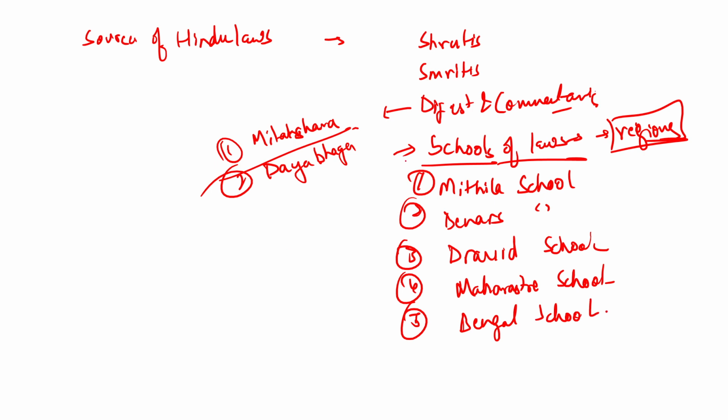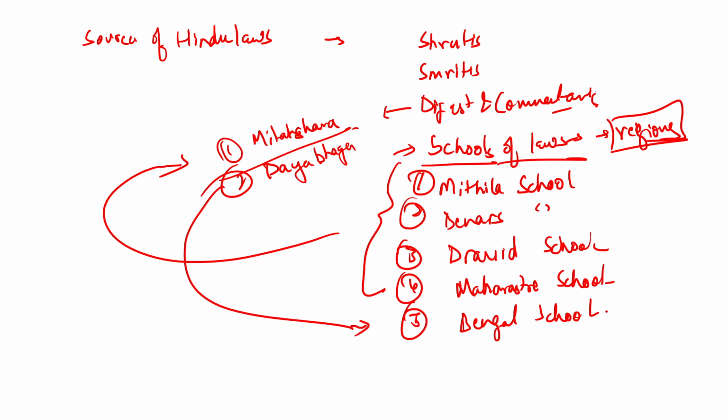Okay, so the first 4 come under the Mitakshara, and the fifth one, the Bengal school, since I just explained to you that West Bengal is one place which follows the Dayabhaga school of thought. So it is the Bengal school in which you will find mention of all these important points.